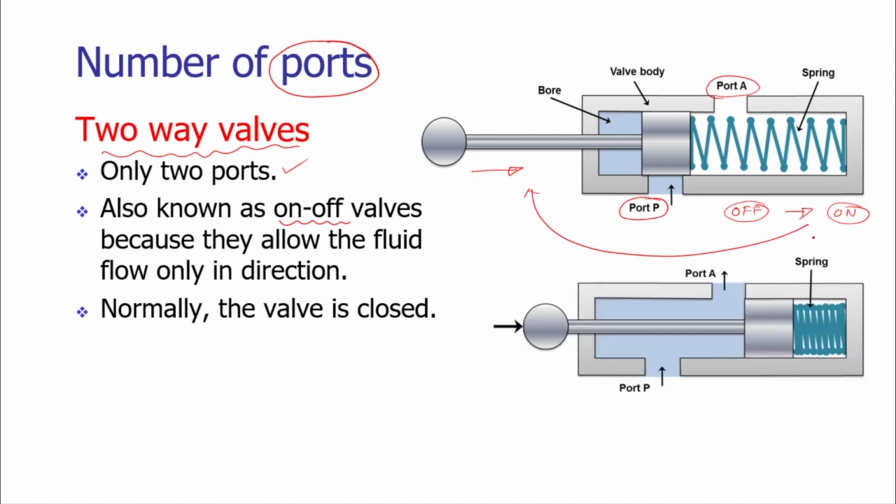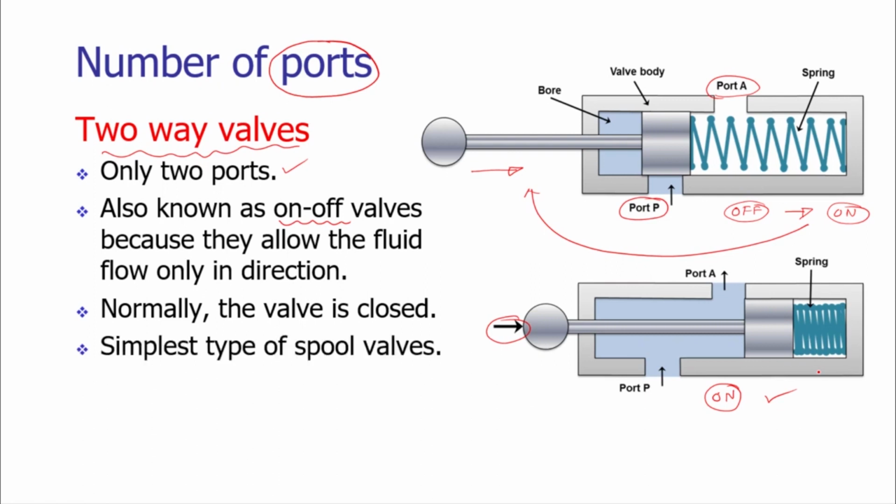So when we apply the force at the lever, as we can see here, the condition is on. The valve is allowing the pressurized fluid to flow through it. And the simplest example of the two-way valves is the spool valve, which we have seen in the previous slide itself.